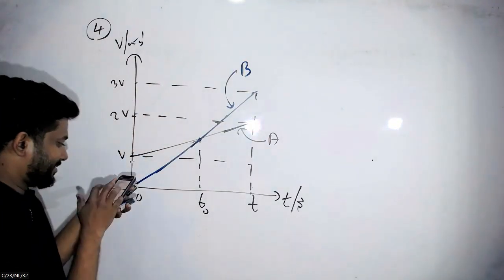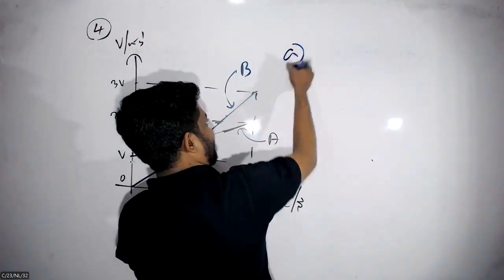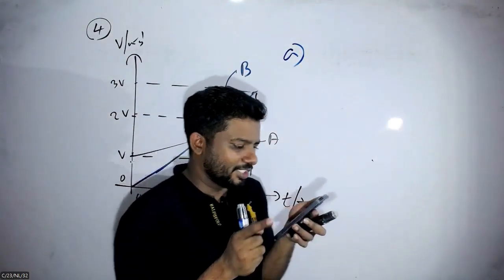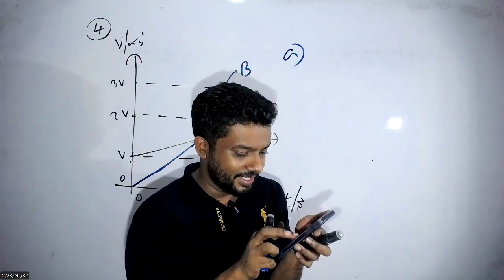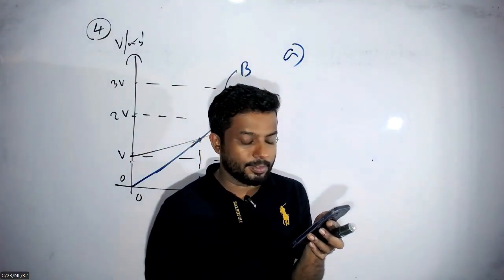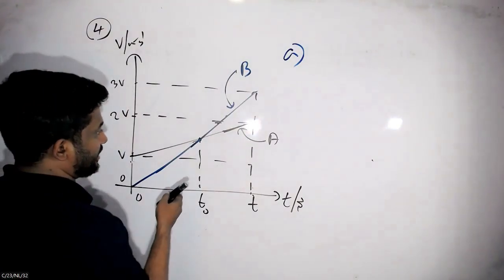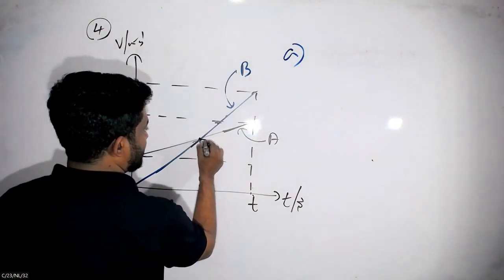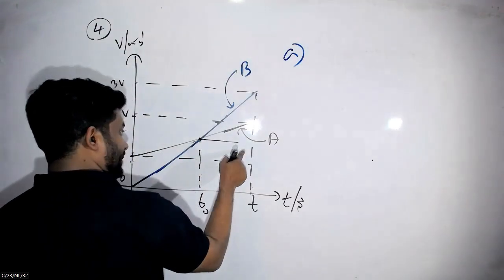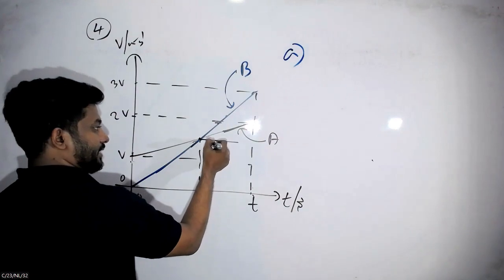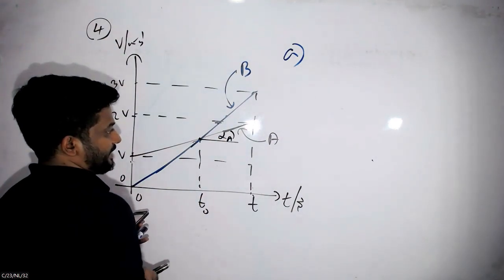Let's look at the first statement. Read the first statement, A. The acceleration of object A is less than the acceleration of object B. Okay, you can consider the gradient of the two graphs at this point. You can observe that both curves, A and B, make an acute angle with the positive direction of the x-axis.